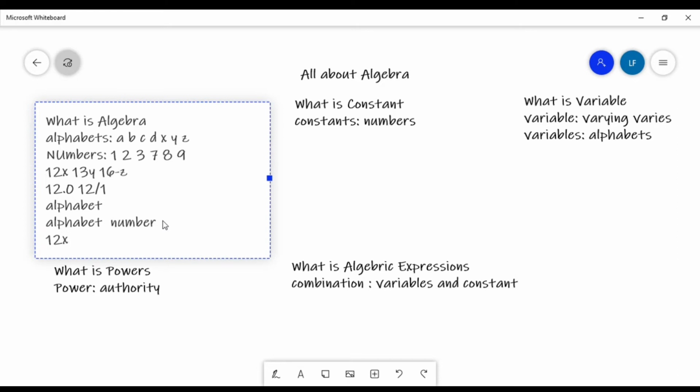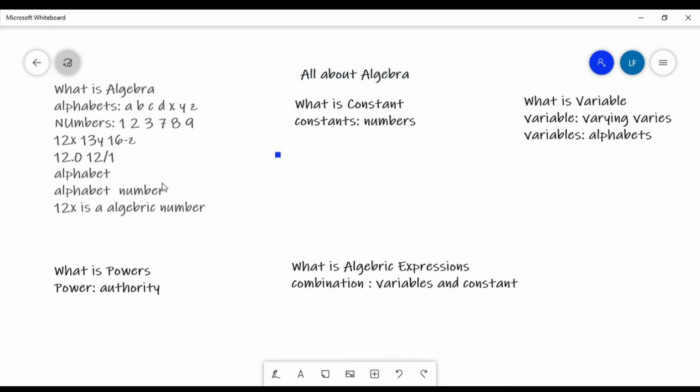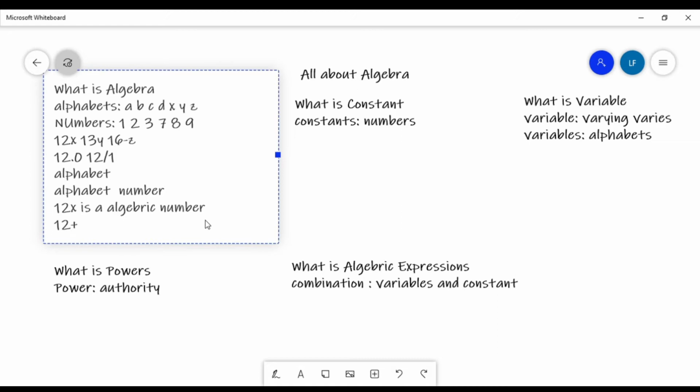12x is an algebraic number. We can also say that 12 plus x is an algebraic number. But in this, if we consider 12 plus x as one number, then we can say this is an algebraic number.